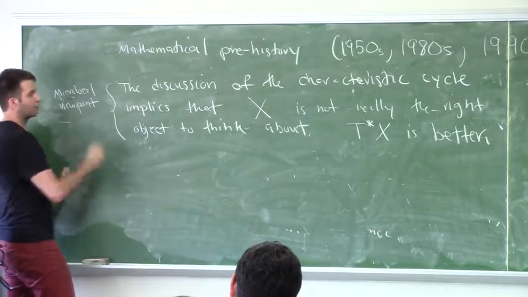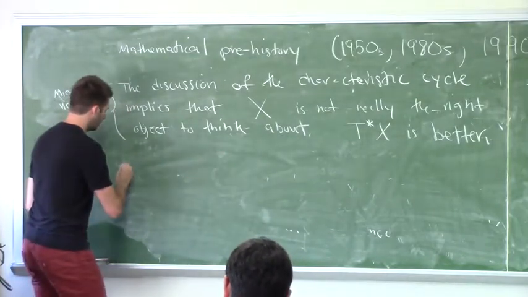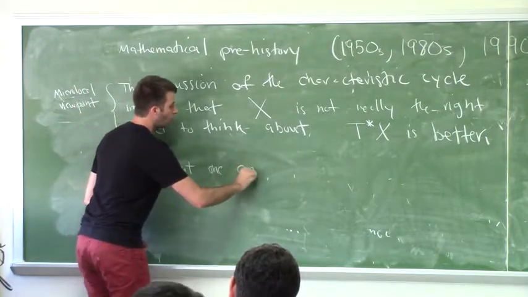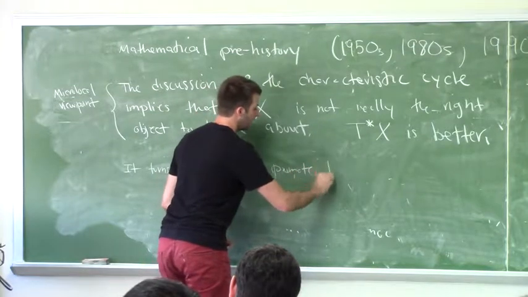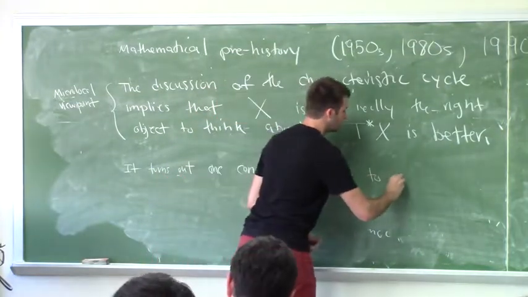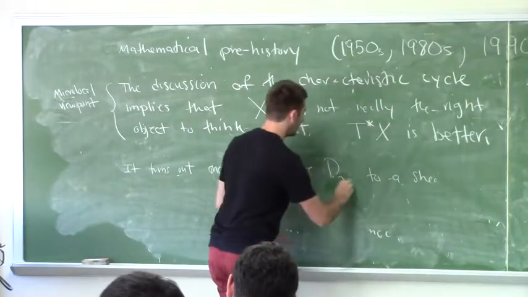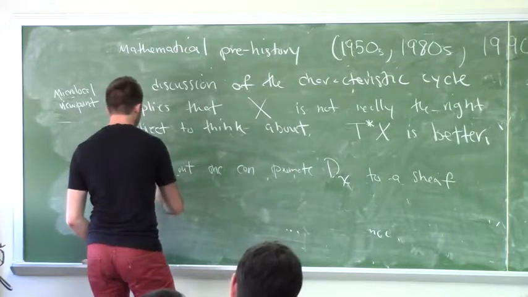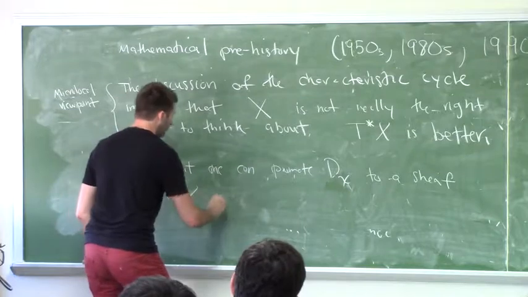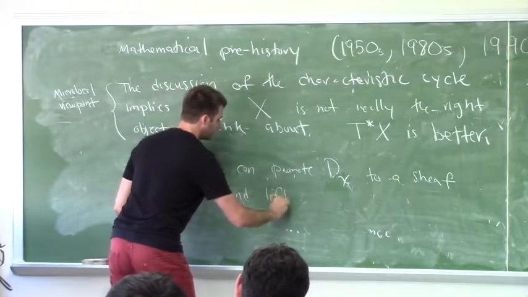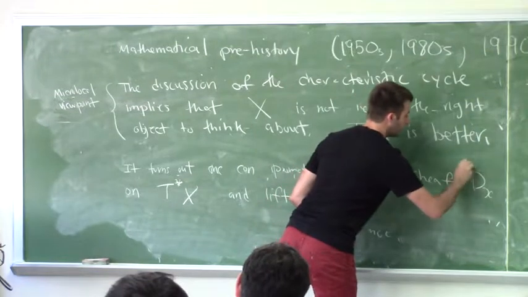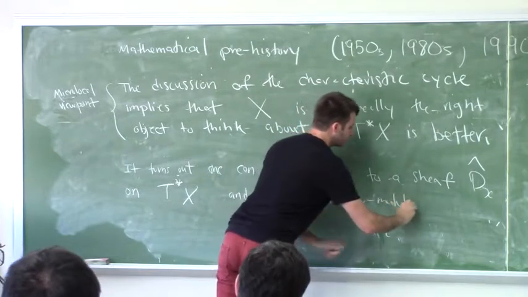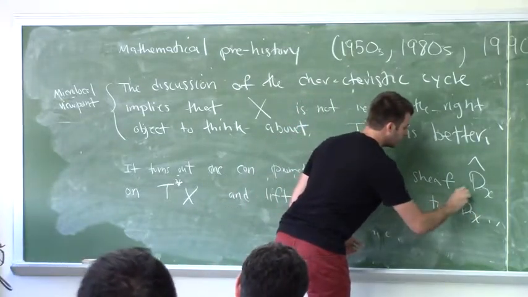And let me just summarize what it actually says. It turns out one can promote D of X to a sheaf, D pi, on T star X, and lift all D-chi modules, let me just call it D pi check modules.